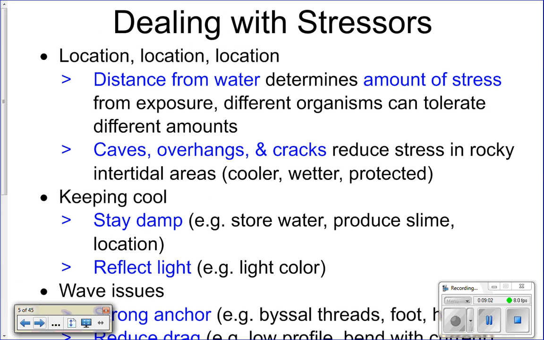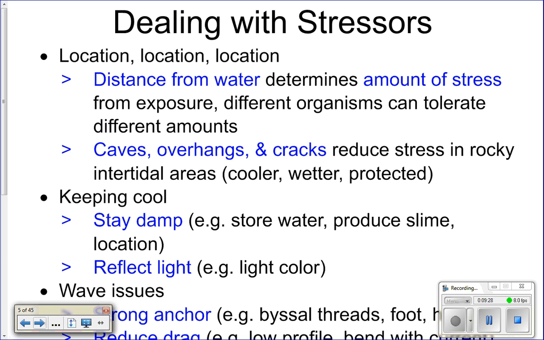Here are some adaptations that they have to deal with these stressful things, like the air exposure and the waves. Pretty much the main way that they deal with this problem, particularly of air exposure, is location, location, location. Just like in real estate, location, location, location are the three most important things.